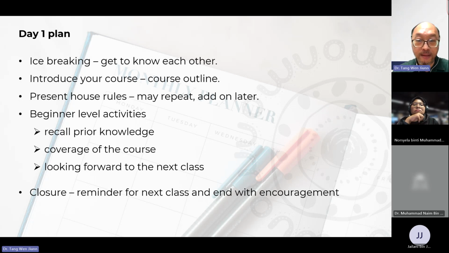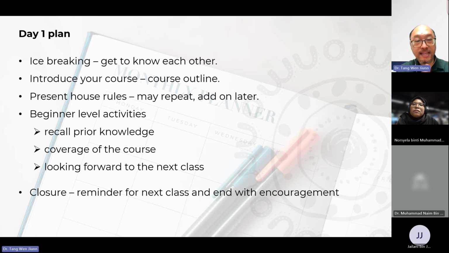When you can build their confidence, then they will look forward to the next class. They say, oh, so this is what I've learned earlier. Not bad, I still know a lot. And then looking at the contents from the course outline, they say, oh, these are some interesting topics. I'm looking forward to see what you're going to present to me. So they will look forward to the next class.